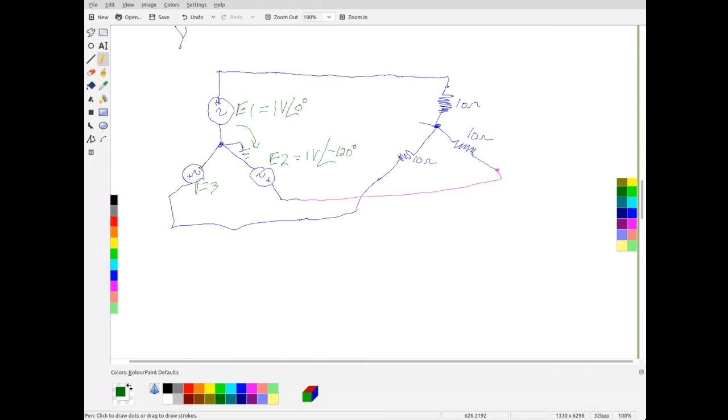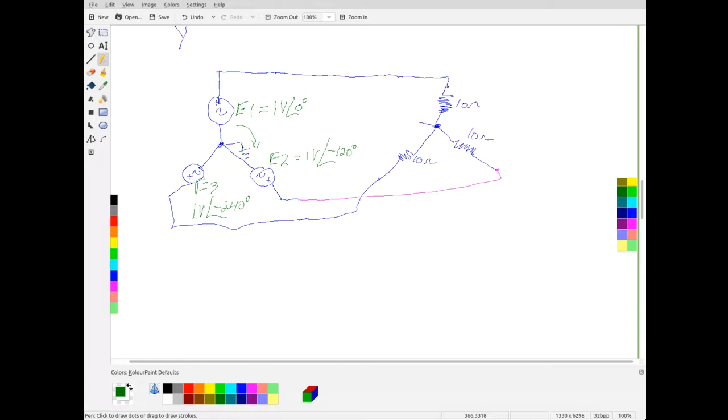And then E3 would be 1 volt at an angle of plus 240, or excuse me, minus 240 degrees.